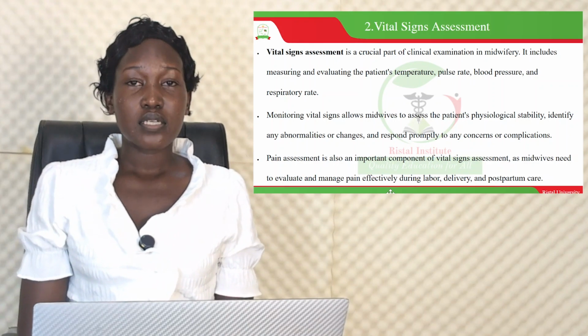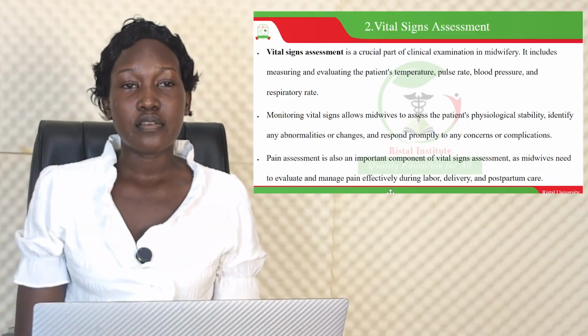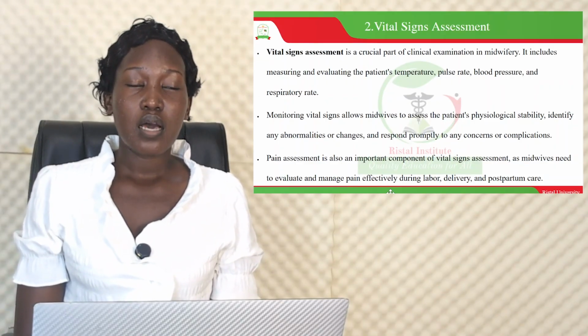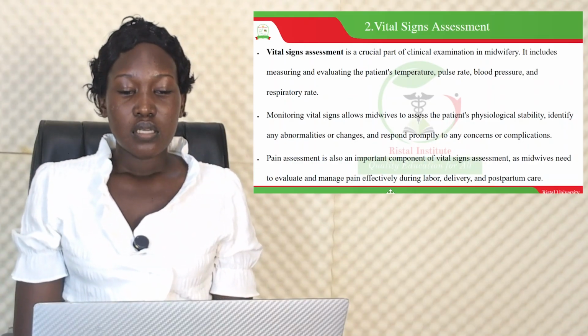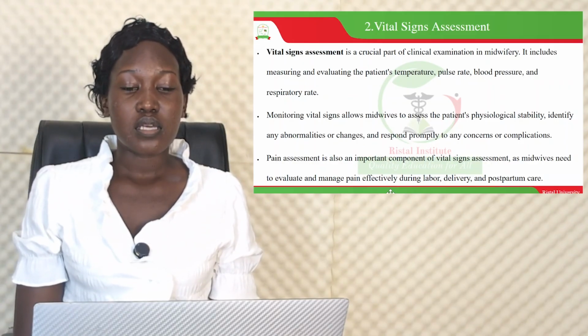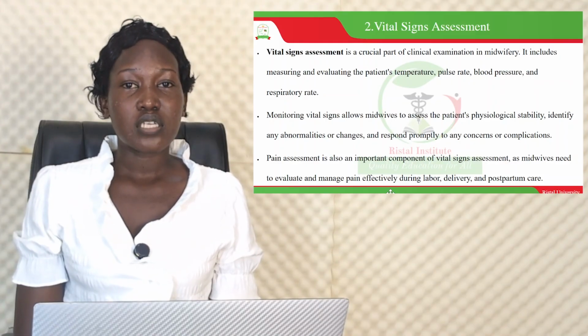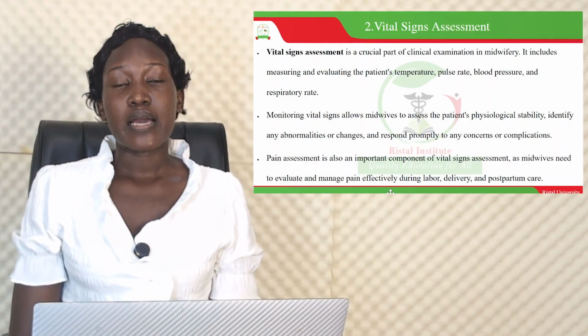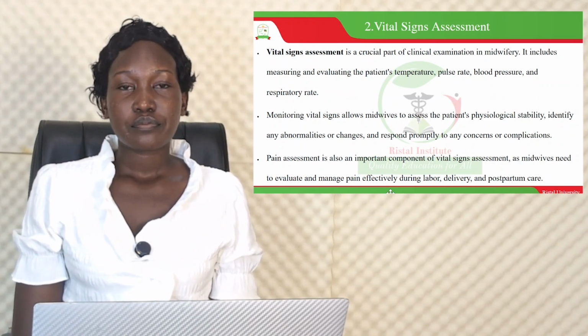Vital signs help us monitor and allow the midwife to assess physiological stability and identify any abnormality or changes, promoting a response to any concerns or complications. We do these vital signs not only for the mother but also for the fetus, though for the fetus we just focus on the heartbeat, or what we call pulse.